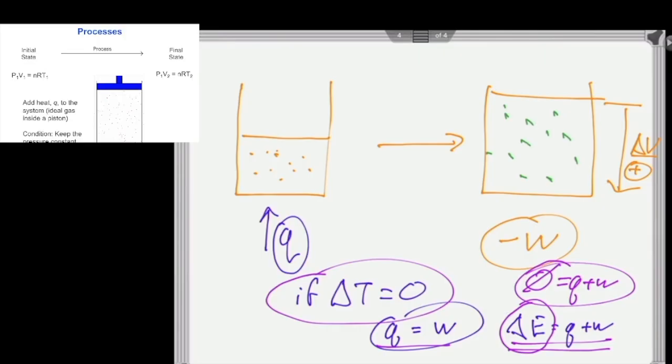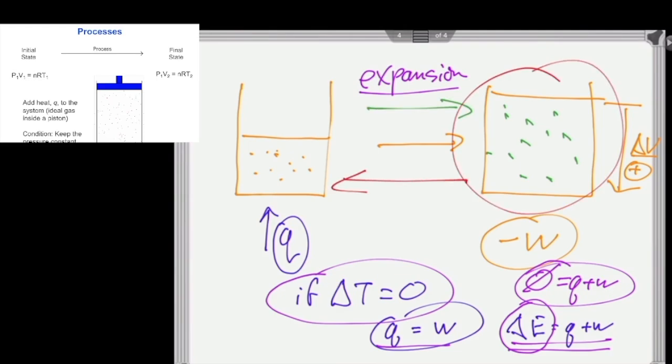The other's true too. If we did an isothermal expansion, this is an expansion. What if we went the other way? This way is expansion. What would you call this? Let's say this was our initial state. It starts big, goes small. What do you think happens? Going this way is expansion.